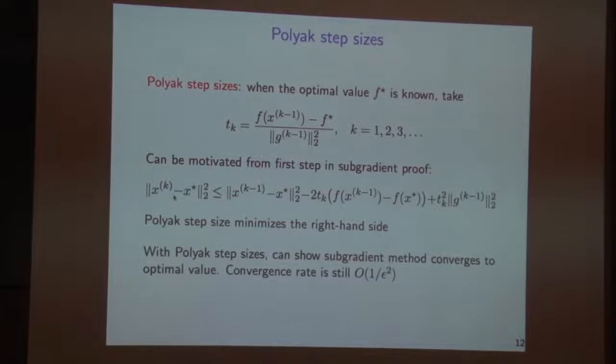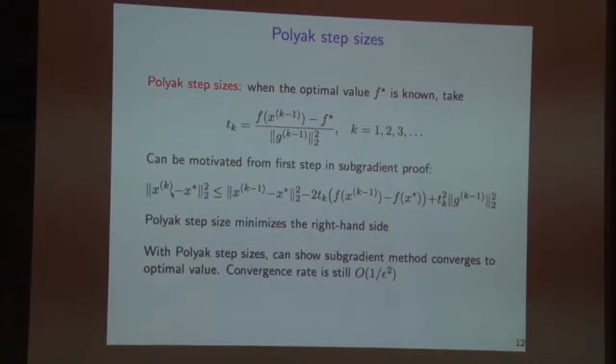This bound came from just plugging in the definition of x_k in terms of x_{k-1} minus t_k times the subgradient. It's just the rule for x_k, expanding the square, and then using the definition of a subgradient. That's where this bound came from. I didn't go through the proof, but like I said, you should step through that if you're curious after class.